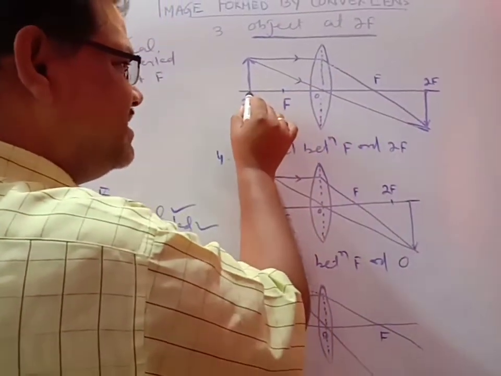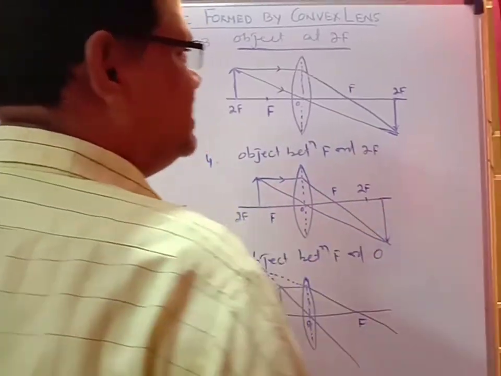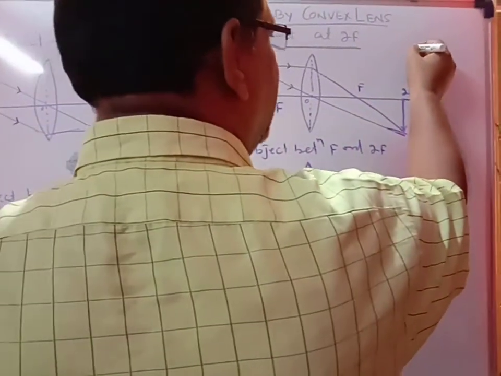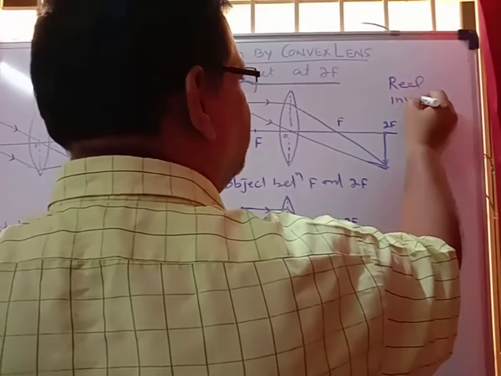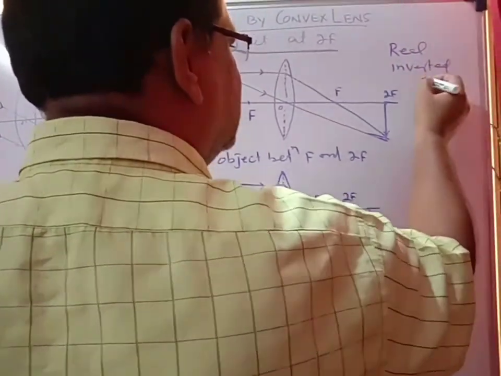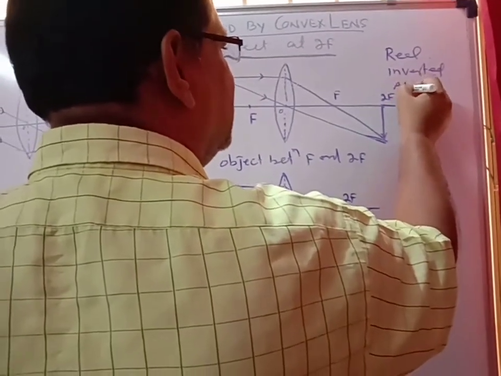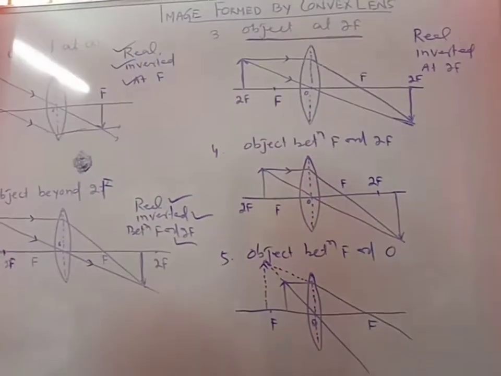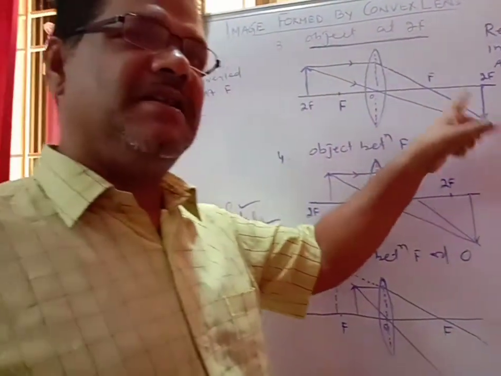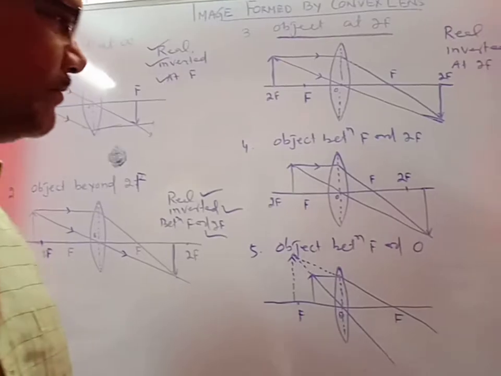The nature will be real, inverted, and situated at 2F, and the size of the image in this case will be the same as the size of the object.